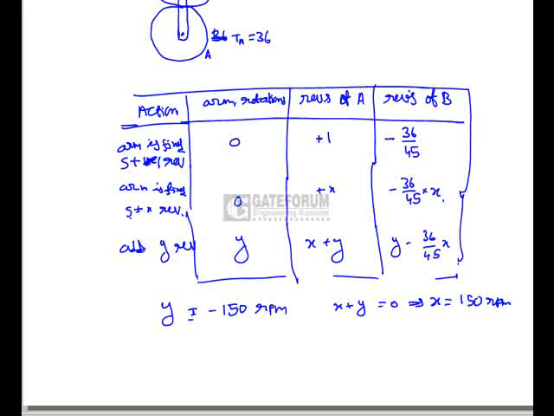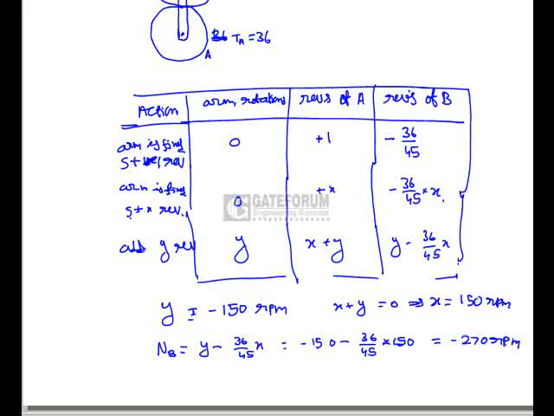But we know that y is minus 150 rpm, so x is equal to 150 rpm clockwise direction. Now the revolutions of B, that is the speed of B, is given by y minus 36 by 45 into x, where y is minus 150, so it is minus 150 minus 36 by 45 into 150, which is equal to 270 rpm in anti-clockwise direction.